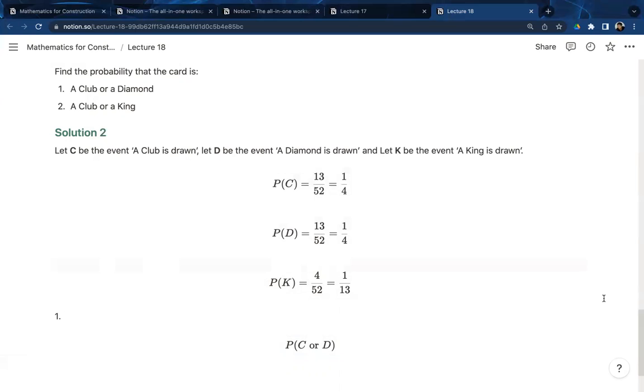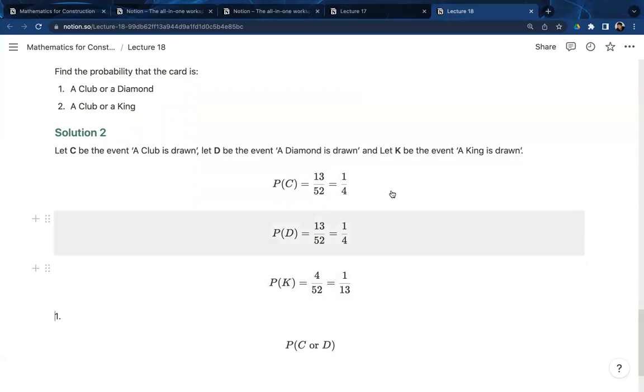If you get a diamond, I'll give you $10. So you're adding up how many clubs and diamonds you have, which is 26, 13 of each. So this is really 26 over 52, which is a half. So the probability of getting a club or diamond is a half just by the numbers alone, right? That's one way of thinking about it.